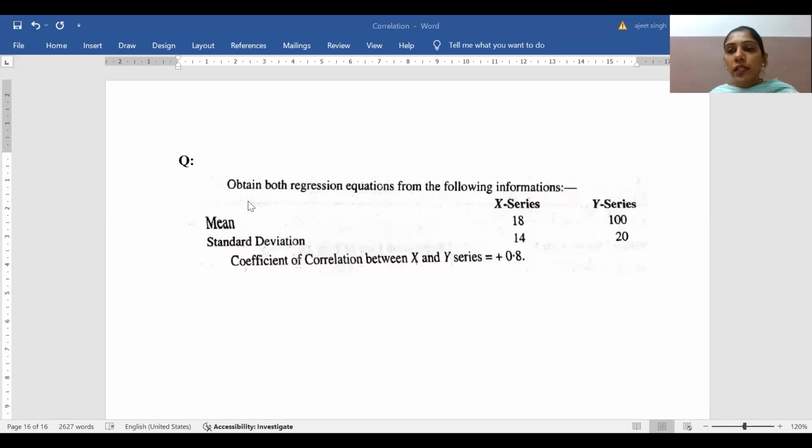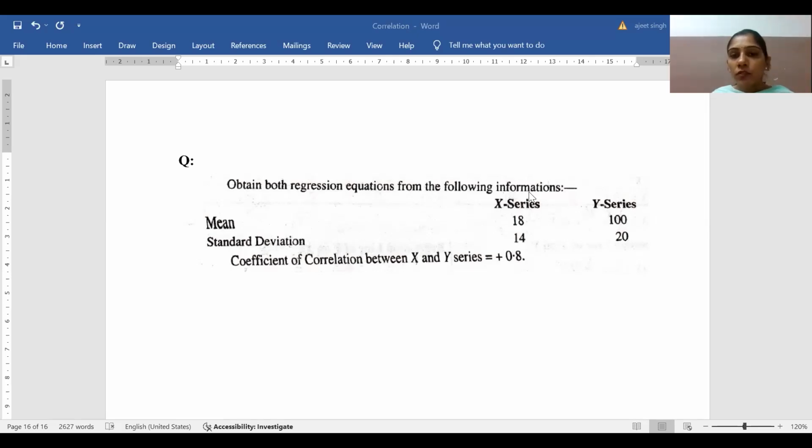Now after calculating the regression line, let's calculate the regression equation. So the next question is to obtain both regression equations from the following information. We are given two series, x series and y series. Mean and standard deviation of both series are already given in the question.